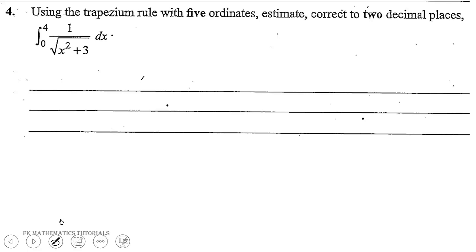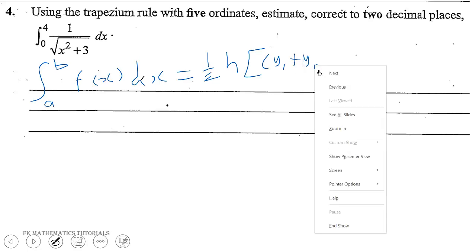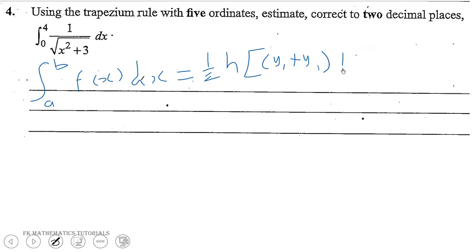So you need to recall that the trapezium rule is given by: the integral of f of x from a to b is equal to 1 over 2 h, into bracket, first y value plus the last y value, then plus 2 times all other remaining y values.